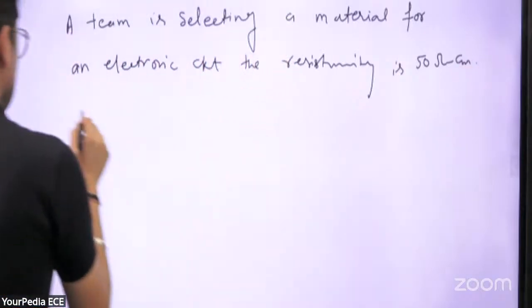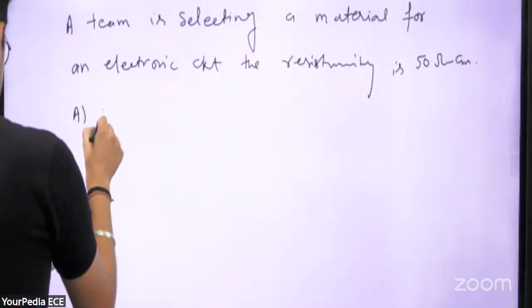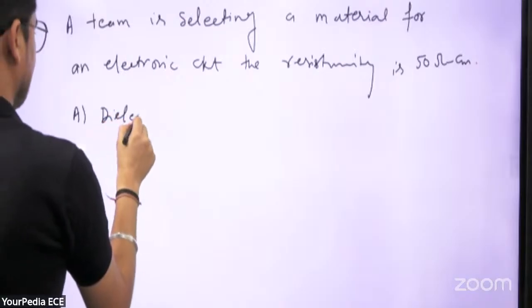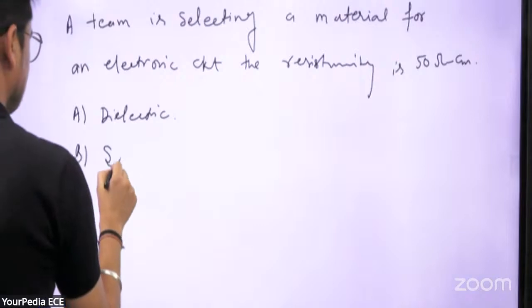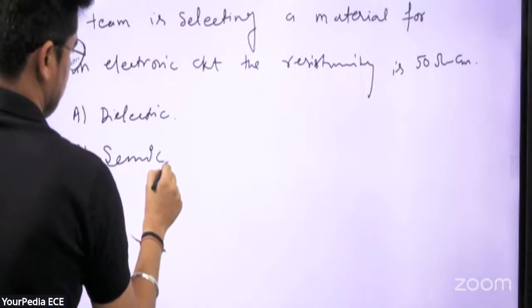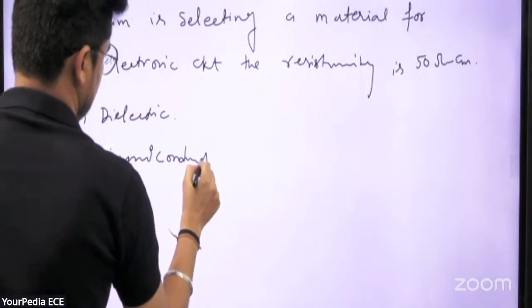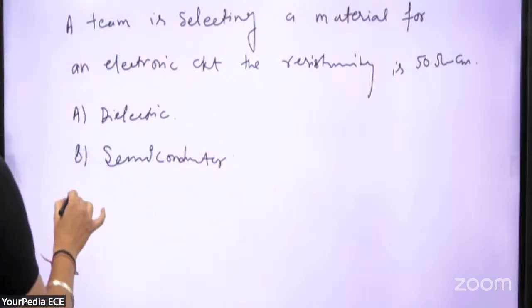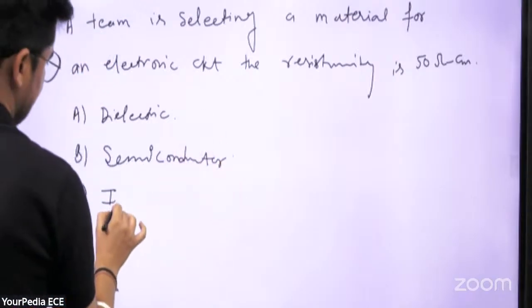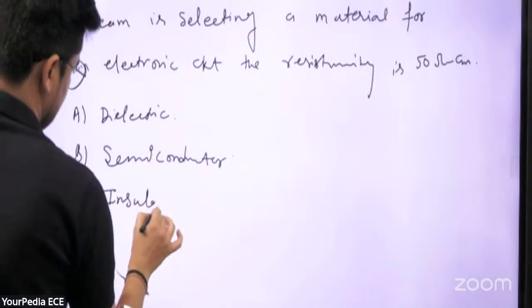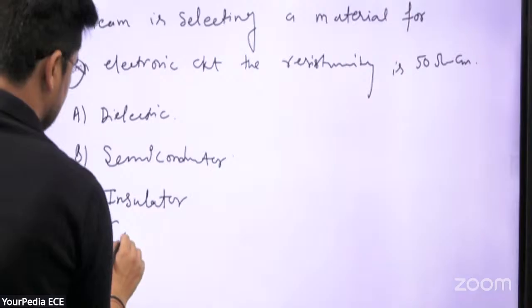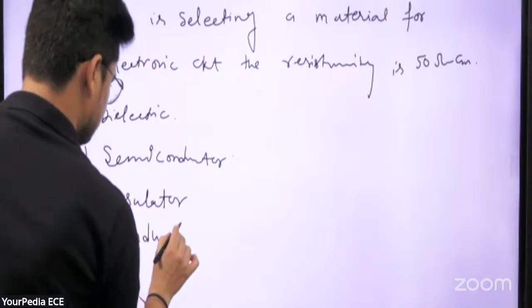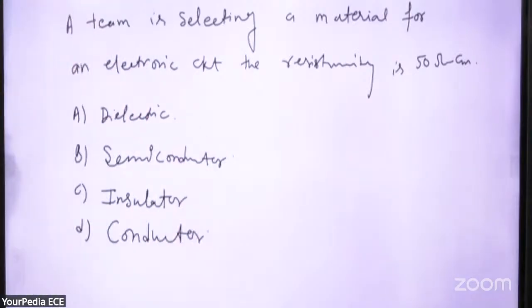So he should choose between the options. Option A is dielectric material. Option B is semiconductor. Option C is insulator. And option D is conductor. He has four options to choose from.